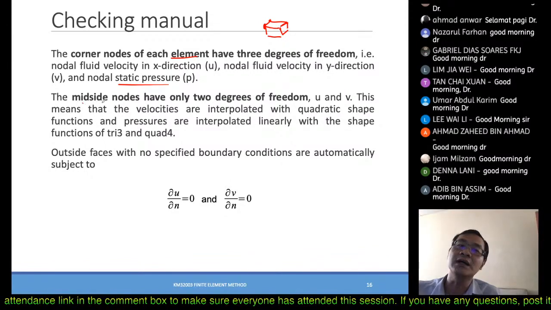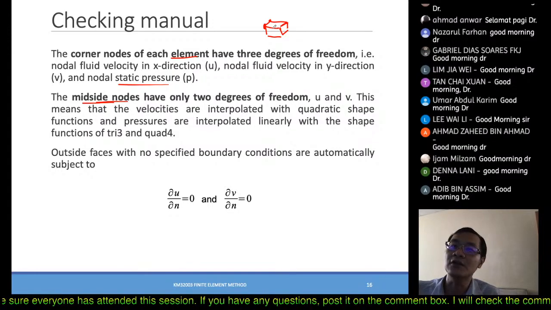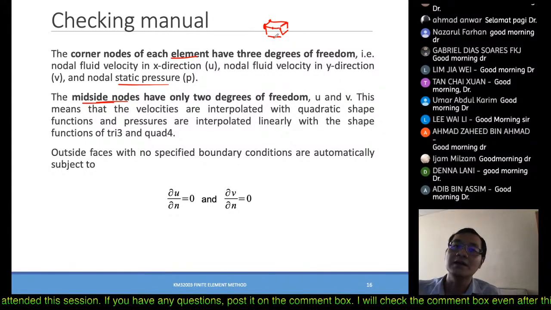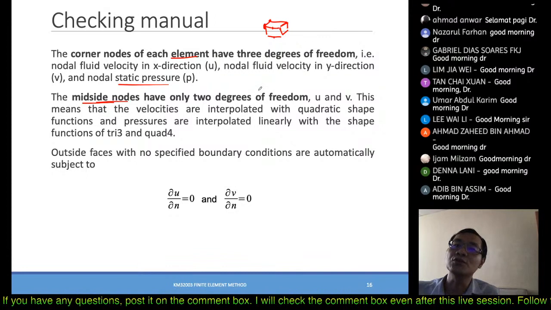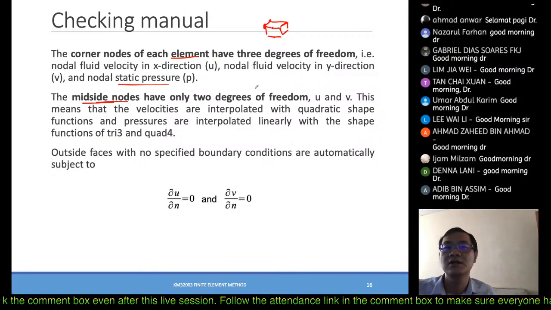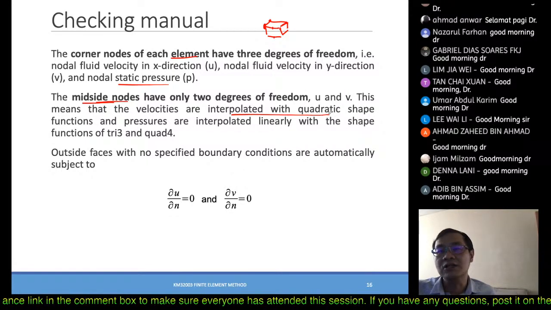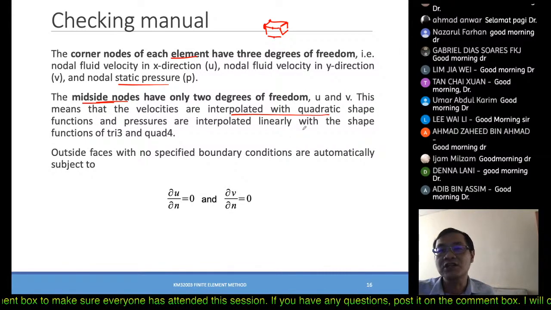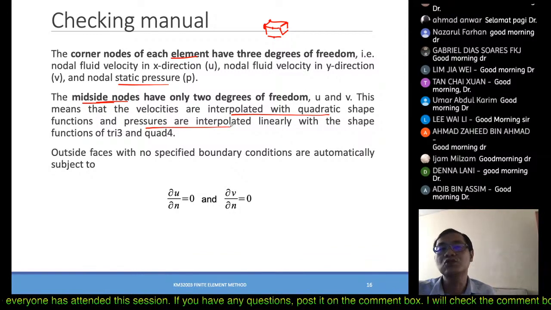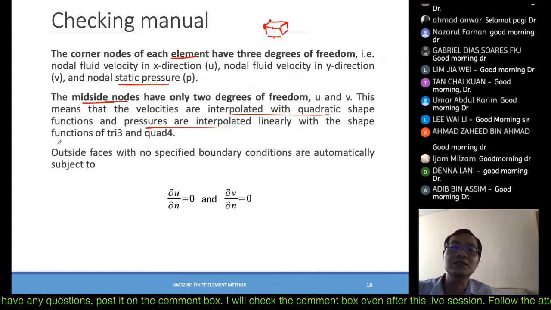Whereas for the mid side node, the software will assume 2 degrees of freedom, which is only the velocity, not the static pressure. So this velocity will be interpolated using the quadratic shape functions, similar to the pressure, which is interpolated linearly using the shape functions.